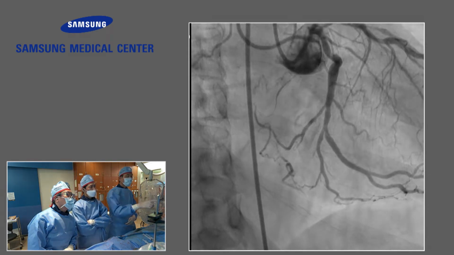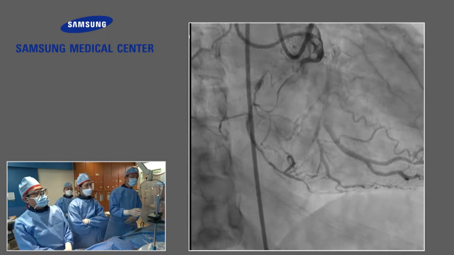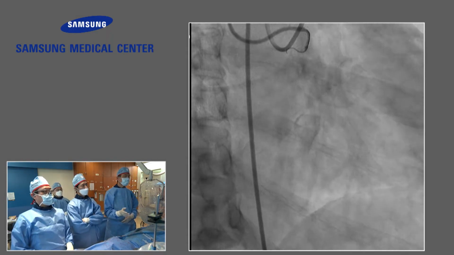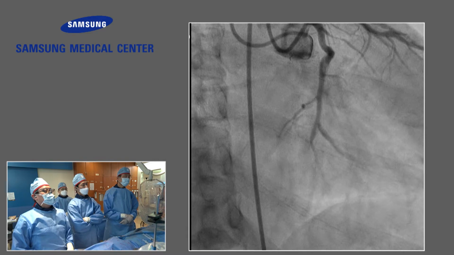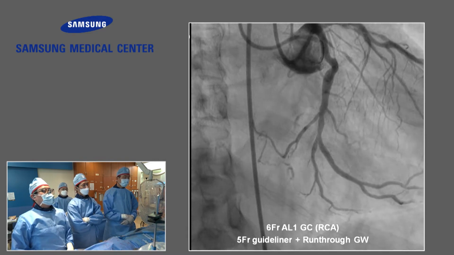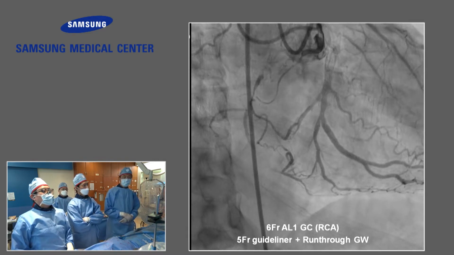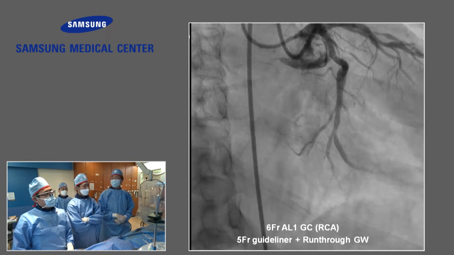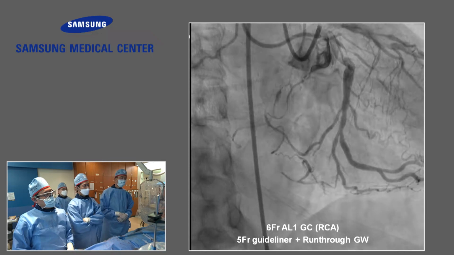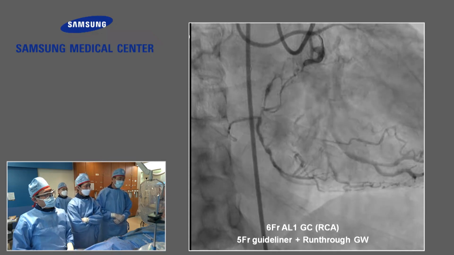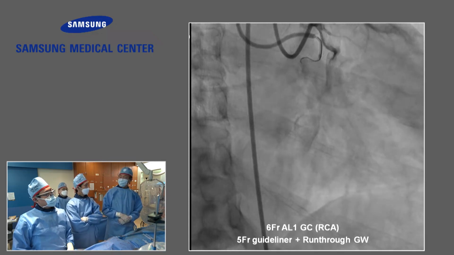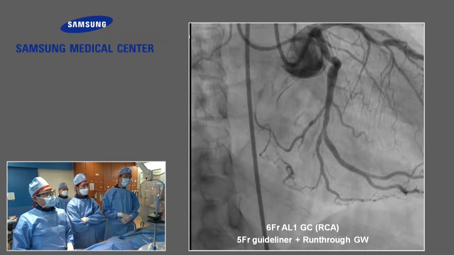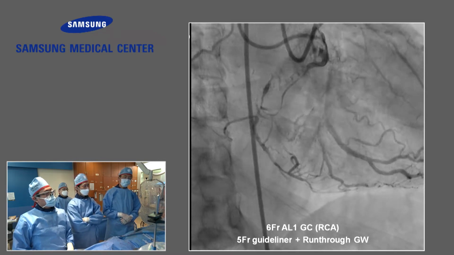Okay, the wire is run through the long side branch. Just proceed, please. Actually, we thought that the retrograde approach is the correct way, but we would have to wait for a long time, so we just try antegrade for 5 to 10 minutes.